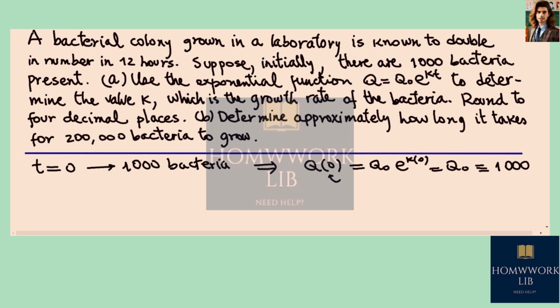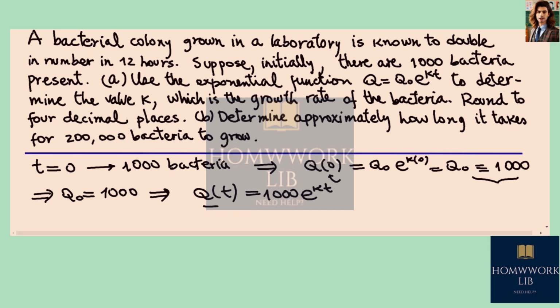So q0 is 1000. And it means that the function q is equal to 1000 e to the k times t. So that's our first result.